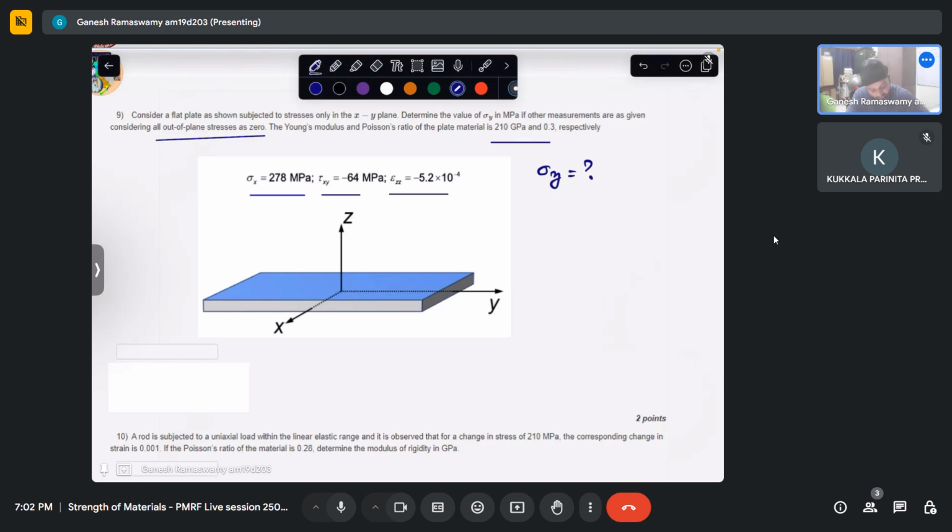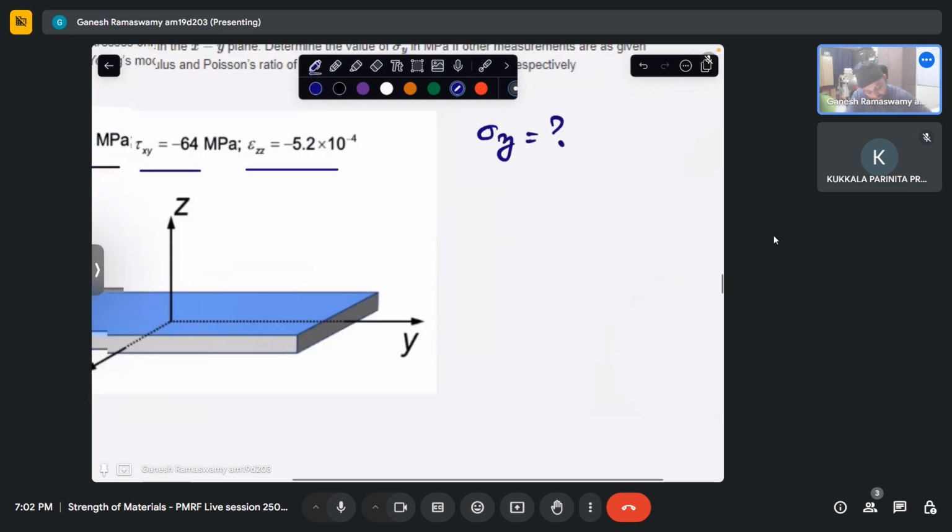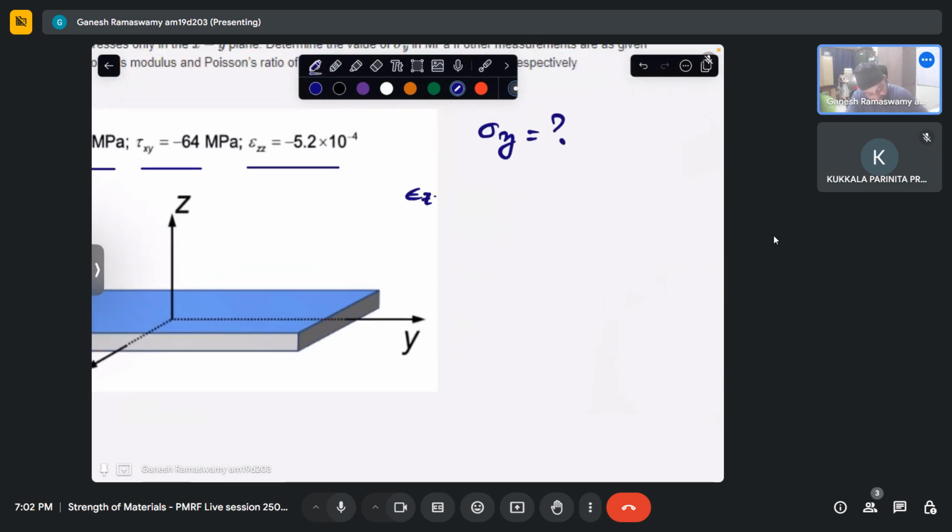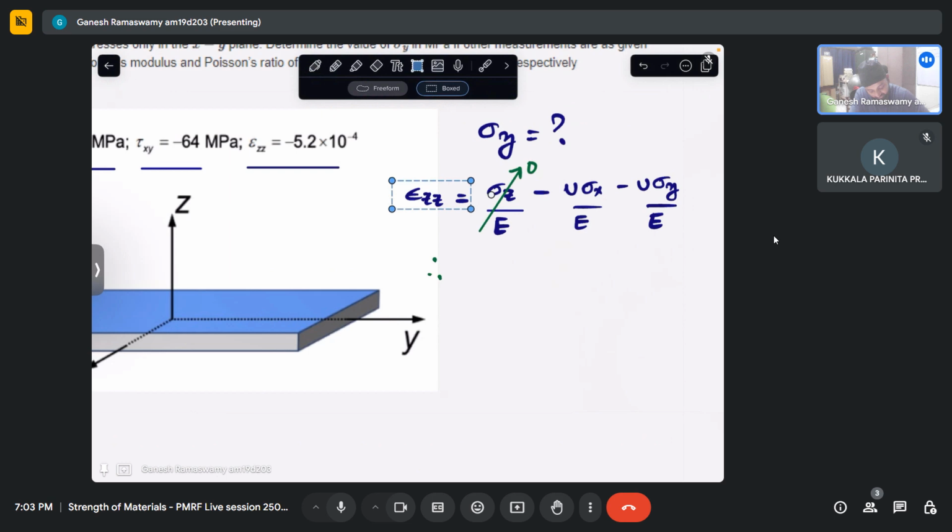From our generalized Hooke's law, epsilon zz is sigma z by E minus mu sigma x by E minus mu sigma y by E. I am dropping the second subscript, that is understood. Here sigma z is absent, so epsilon zz equals minus mu by E into sigma x plus sigma y.